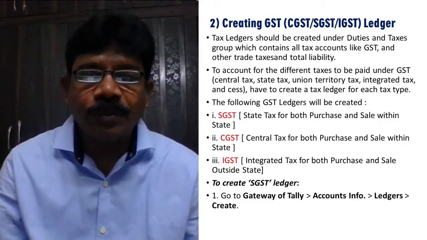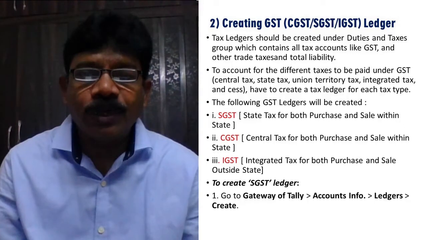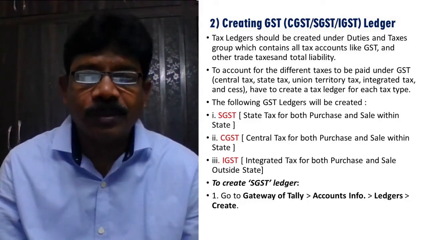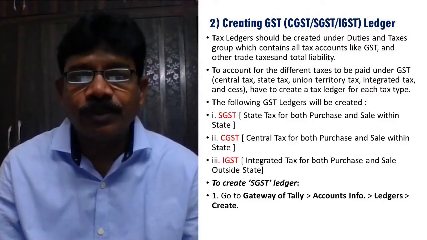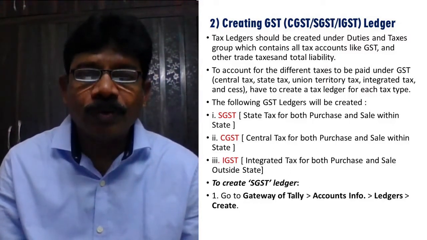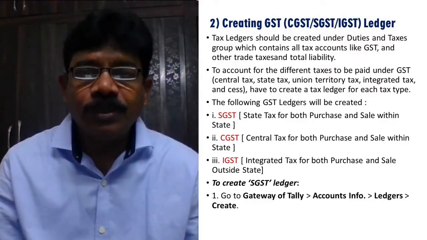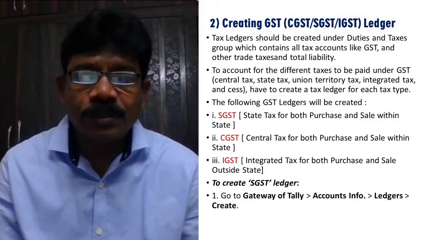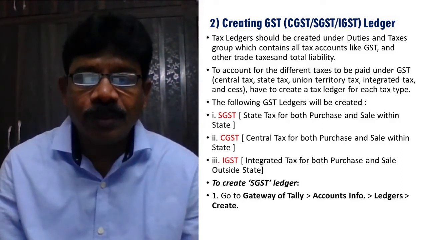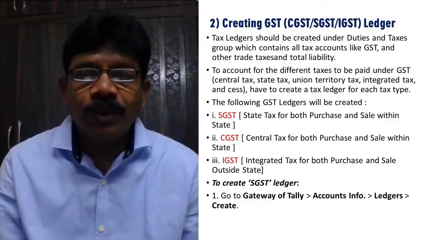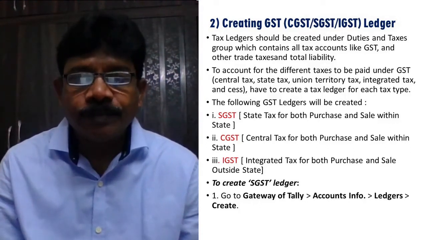To account for the different taxes to be paid under GST, we have to create a tax ledger for each type. So UTGST also, CGST, SGST, IGST, UTGST, for all these four we have to create separately.